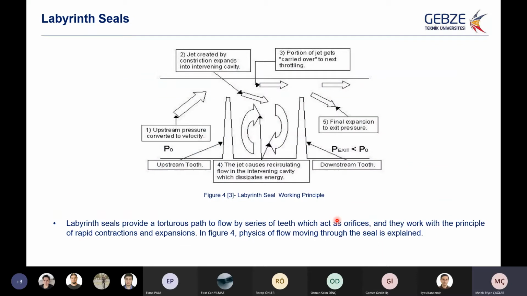For Labyrinth seals, I want to talk about the flow physics to give a better insight. As you can see in the figure, labyrinth seals provide a tortuous path to flow by a series of teeth, which act as orifices, and they work with the principle of rapid contractions and expansions.